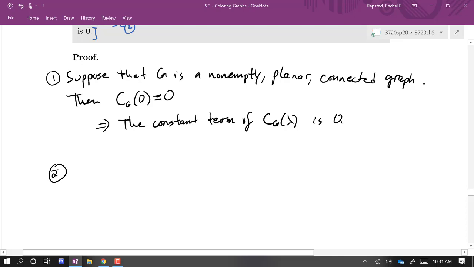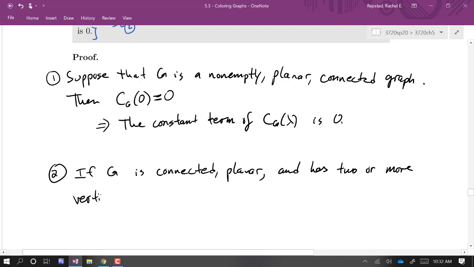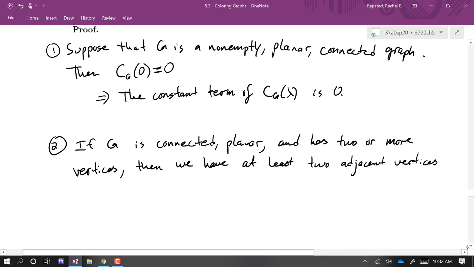Okay, so for the second result, if we have a connected planar graph that has 2 or more vertices, then that means we have at least 2 adjacent vertices, which cannot be the same color.